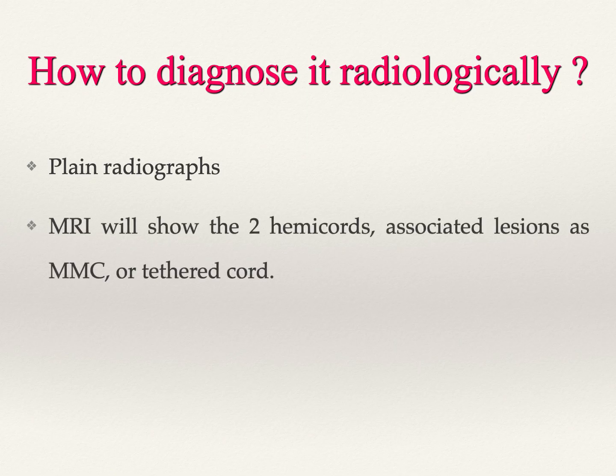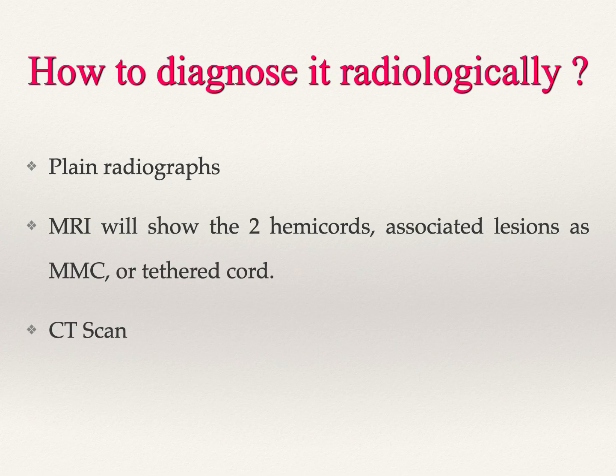The MRI, again, is one of our gold standards in diagnosing many of our neurosurgical problems, and you will find the two hemicords, and you can find any other associated lesions like lipoma, tethered cords, myelomeningocele, and fibrous bands, which you can sometimes see. CT scan, if you want to highlight the bony anomalies, you can see the bony septum properly.